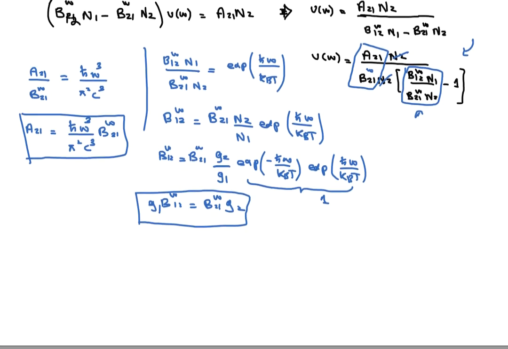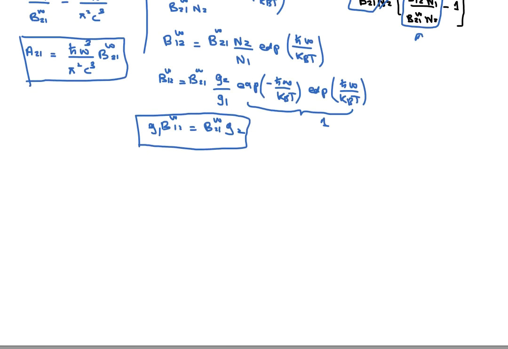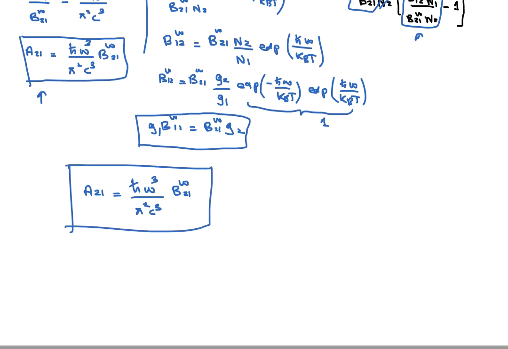So these were the relations that Einstein found after his analysis for a two-level system. So we got A21 equals h cut omega cube over pi square c cube B21 omega, and B21 omega G2 will be equal to G1 B12 omega.